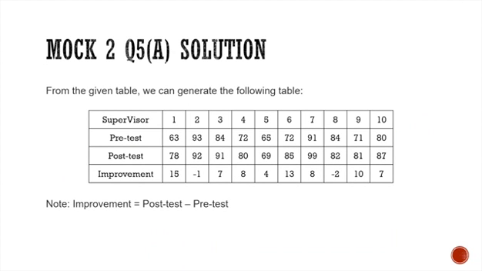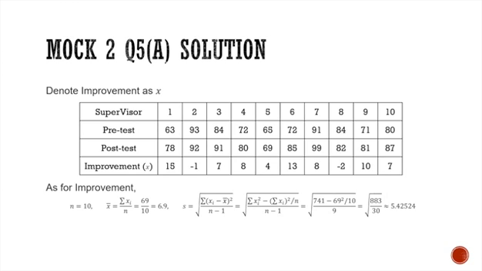From the given table, we can generate the following table. We find that a new row named improvement is shown. Note that improvement equals post-test minus pre-test. Next, denote improvement as x. As for x, the size is 10, the average is 6.9, and the standard deviation is the square root of 883 over 30, approximately equal to 5.425.